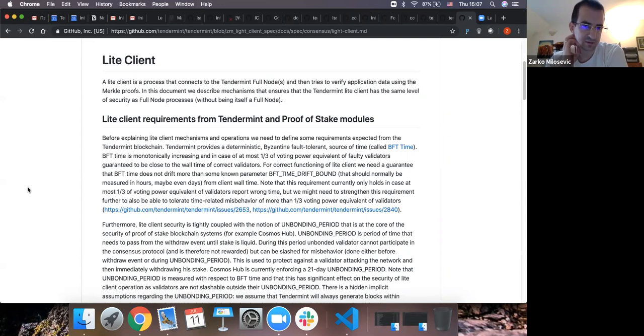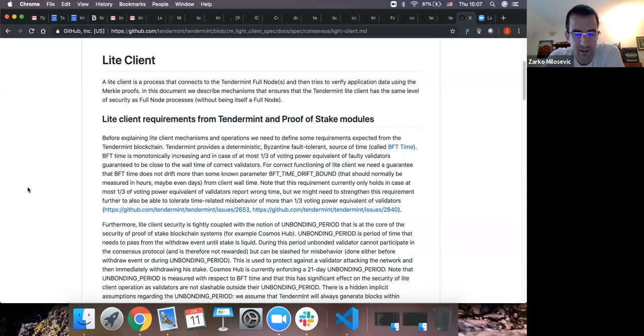So light client, just to give a one sentence overview, it's a process that connects to a Tendermint full node, or a set of hopefully full nodes, and then you try to verify application data using Merkle proofs.